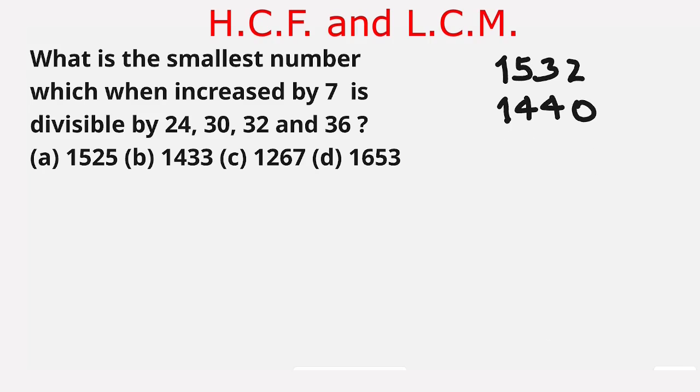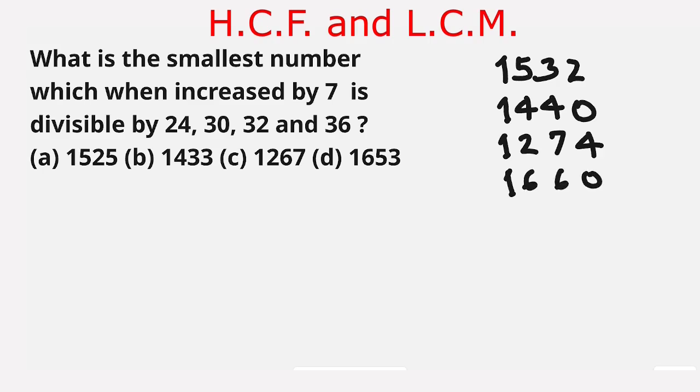Now we go to option C. 1267 plus 7 is 1274. If we add the digits, 1 plus 2 is 3, 3 plus 7 is 10, 10 plus 4 is 14, and 14 is not divisible by 9. So this number is also not divisible by 9. Therefore, option C cannot be our answer. Now we go to option D. If we add 7 to 1653, it becomes 1660.